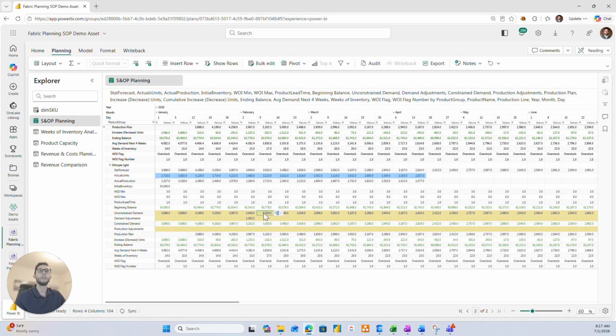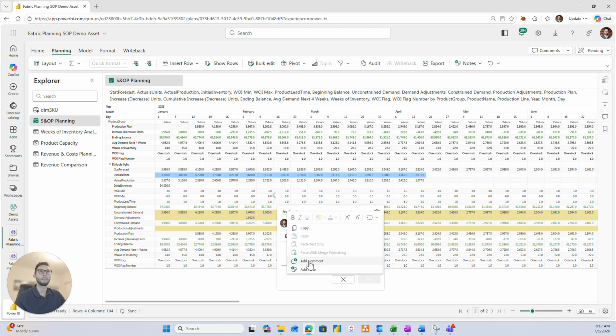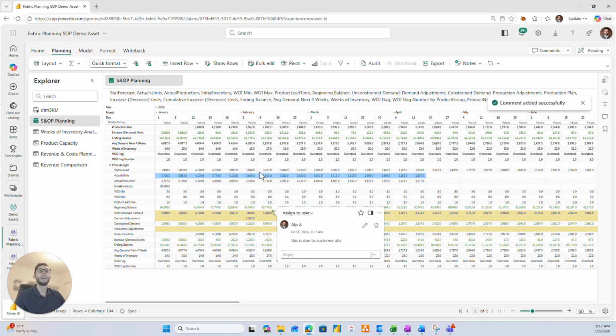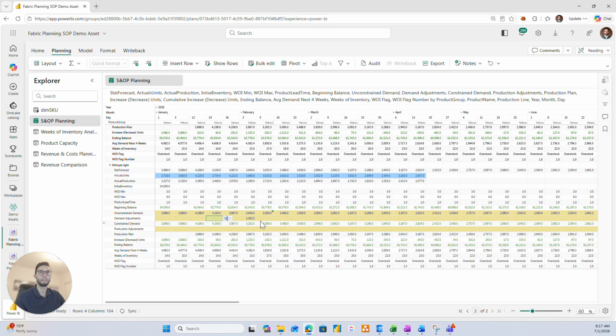Not only that, but we can also go ahead and leave commentary. I can go ahead and say that this is due to customer ABC. And because of this, we can immediately see how this reflects against our original statistical forecast that we just had before. So we not only can see commentary on here, we can also add commentary for our team to see.